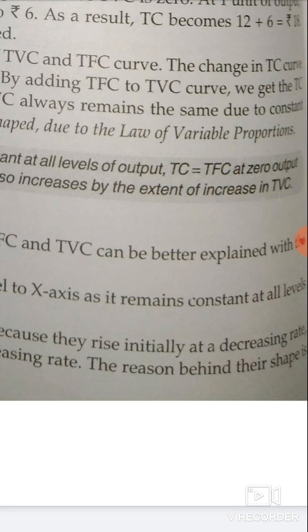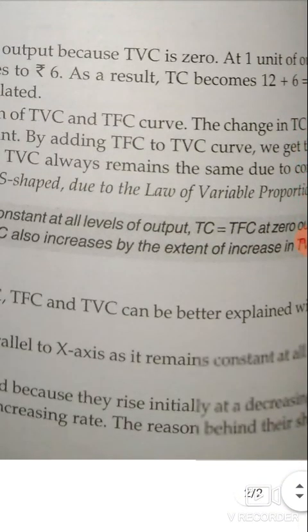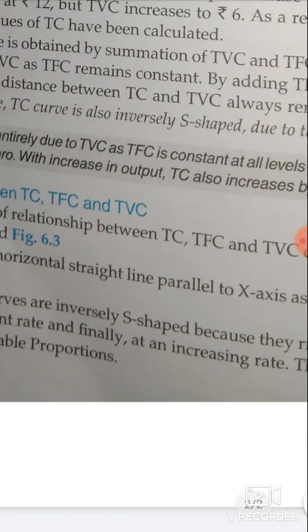Now, total cost can be derived by the first formula: TC, total cost, is equal to TFC plus TVC. The second formula: you can calculate TC by TC is equal to AC multiplied by Q. If average cost is multiplied by quantity produced, then also we can find the total cost.